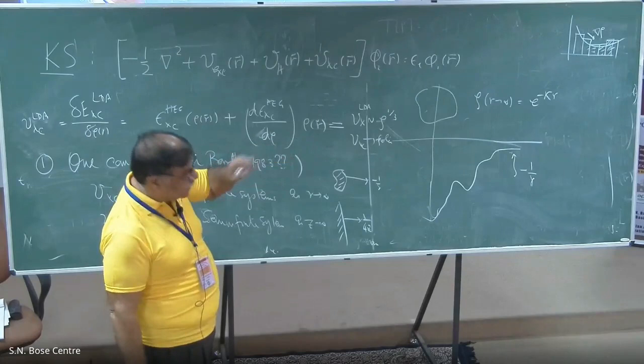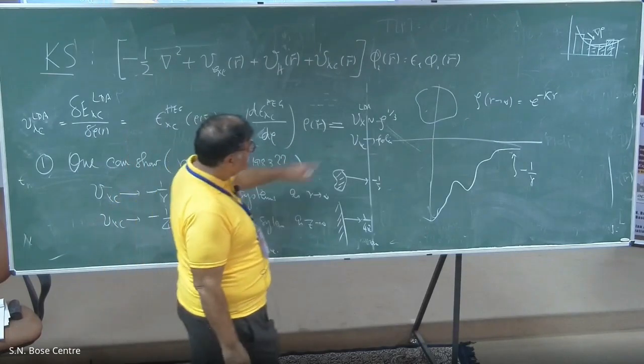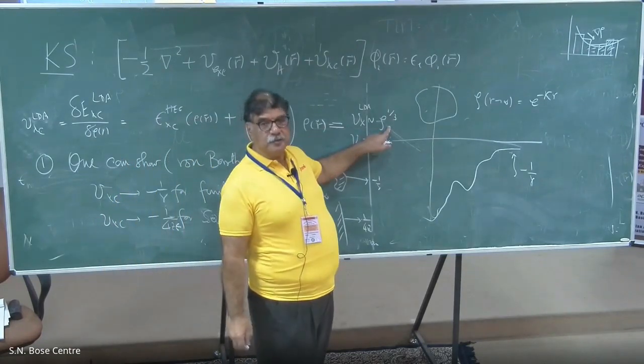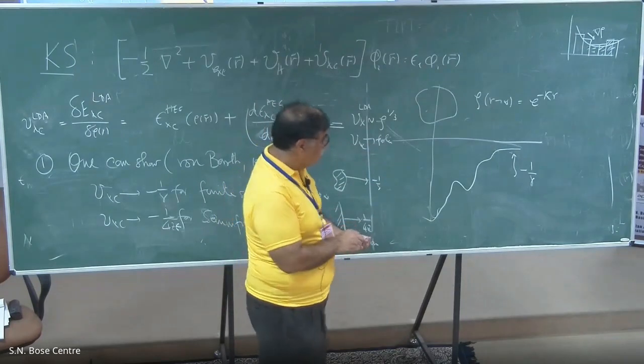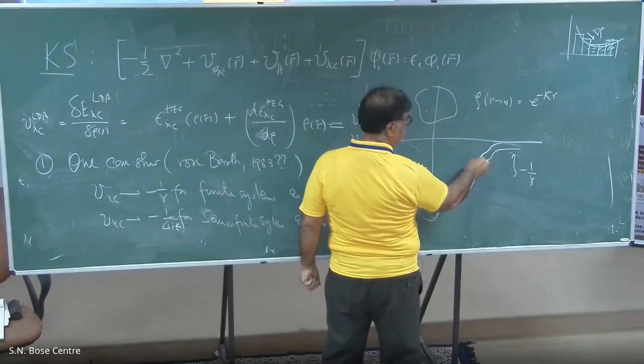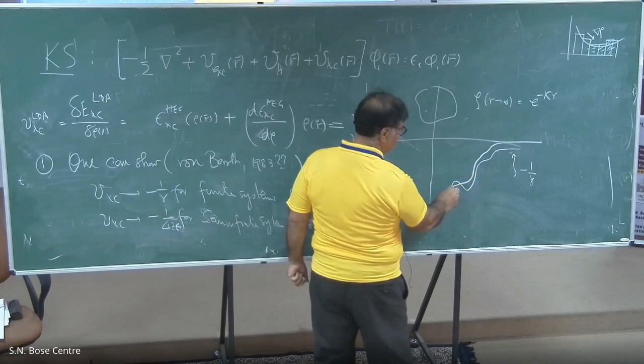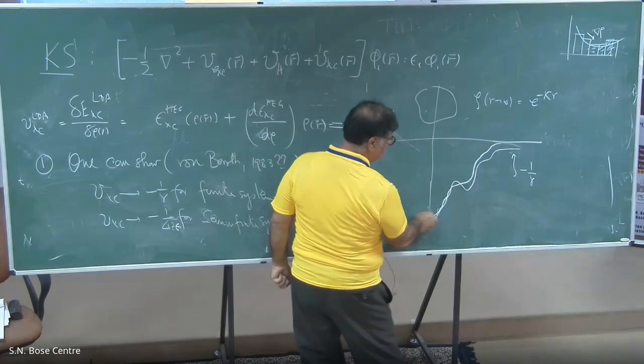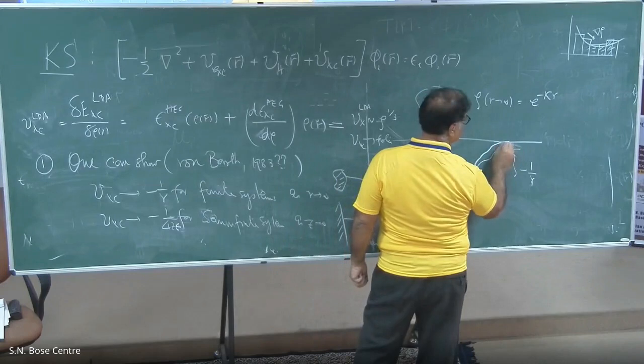If the density is decaying exponentially, rho raised to 1/3 will also decay exponentially, much faster. So inside it may be all right, showing similar behavior. Outside it decays much faster.